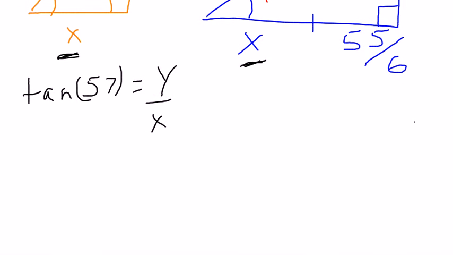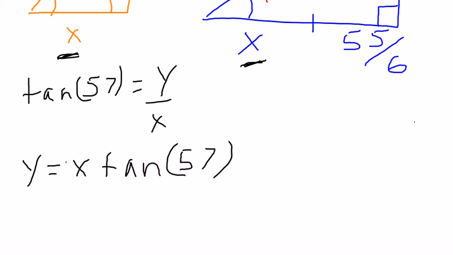I'm going to solve it for y. So y would equal tangent 57 times x. I should put the x in front. x tangent 57. Okay, by multiplying both sides of this equation right here by x.